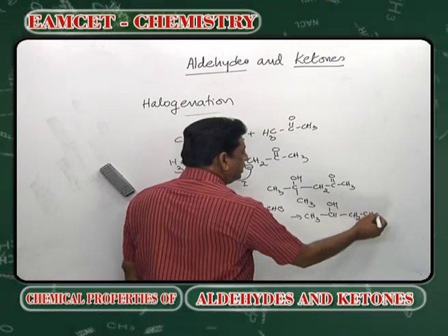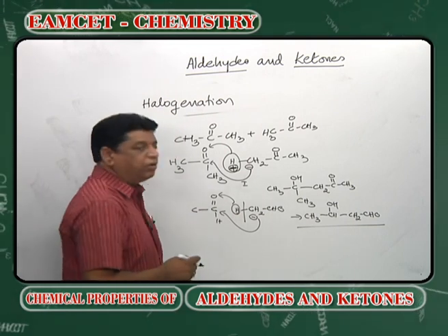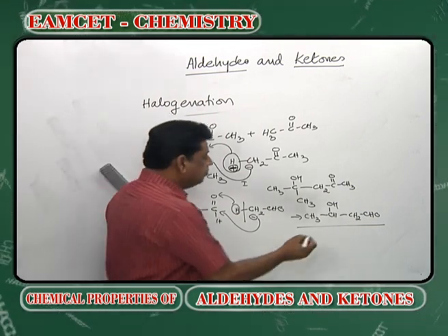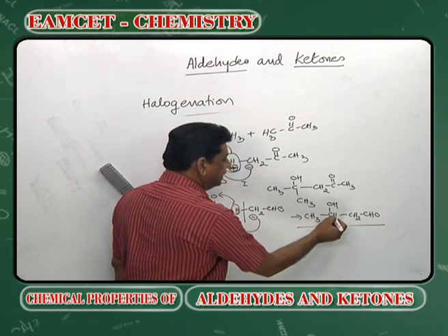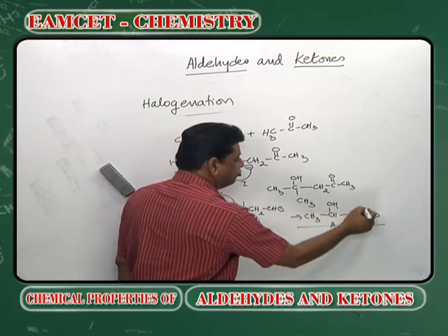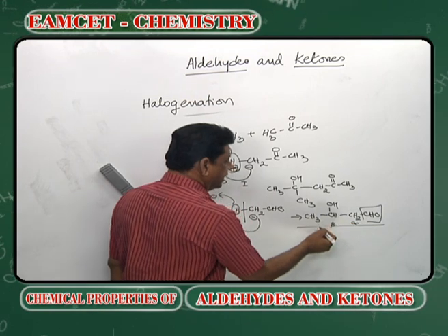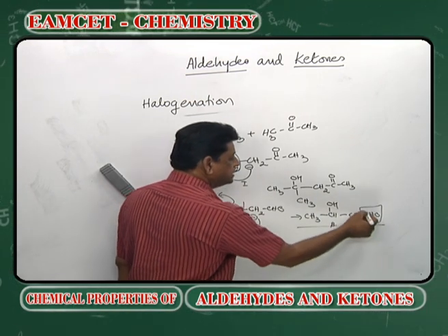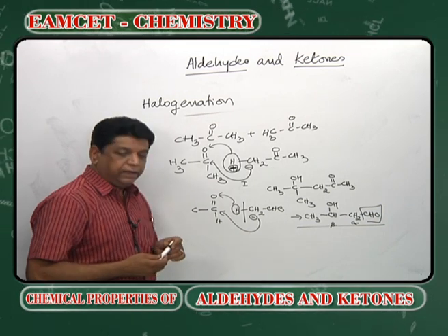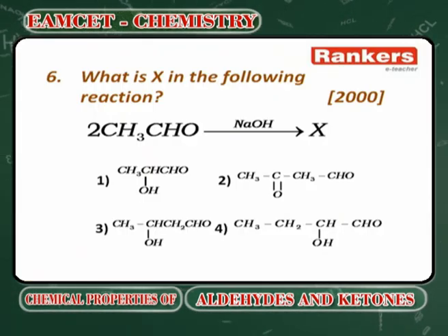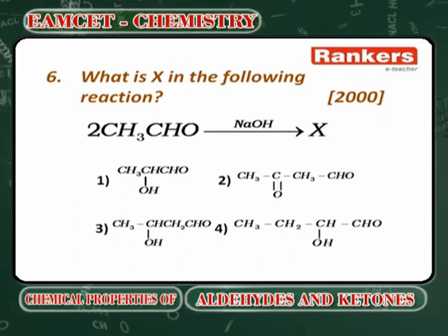This is actually called aldol. It is a beta hydroxy carbonyl compound. With reference to the functional group, first is alpha carbon, second is beta carbon, third carbon has the hydroxy. So we call beta hydroxy aldehydes and ketones aldols. So the aldol is formed. That is nothing but the answer. The answer 3 will be the right answer.